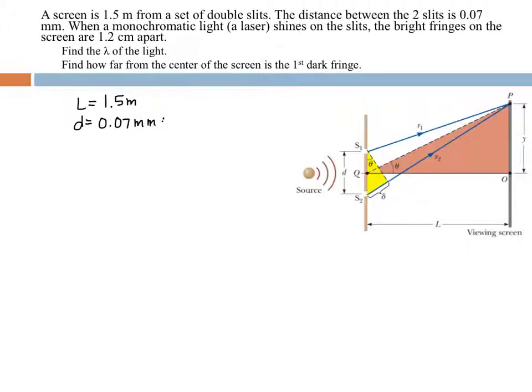And I can go ahead and start writing this in terms of meters, so that becomes 0.07 times 10 to the negative 3 meters. And we have a monochromatic light, or a laser, that shines on the slits, and the bright fringes on the screen are 1.2 centimeters apart. So we're going to label that as y.